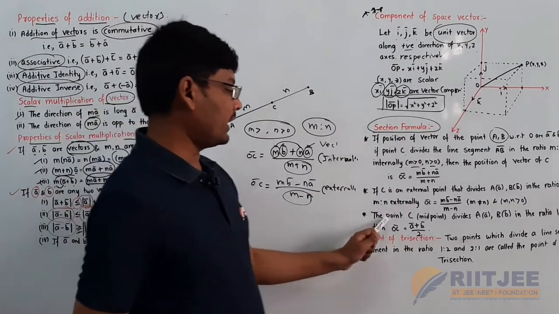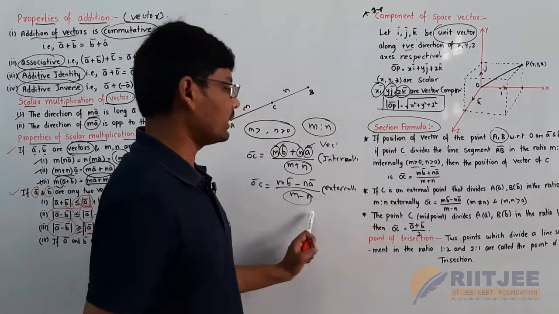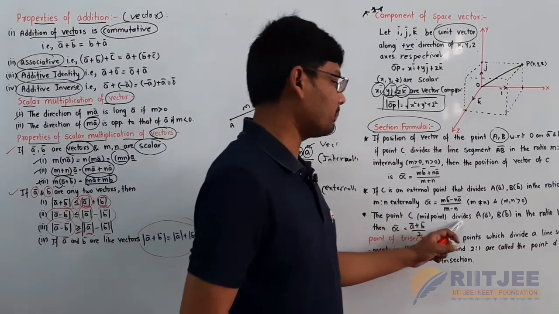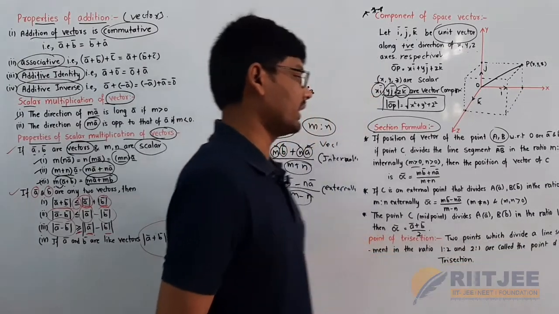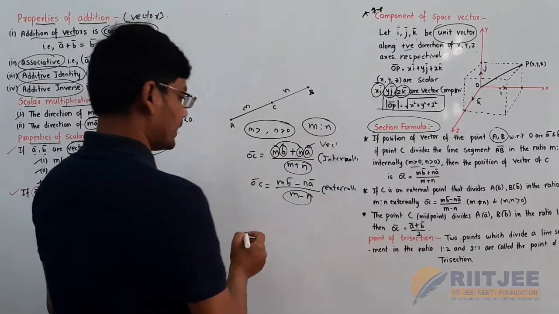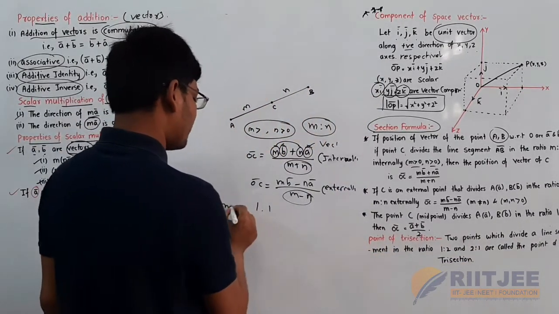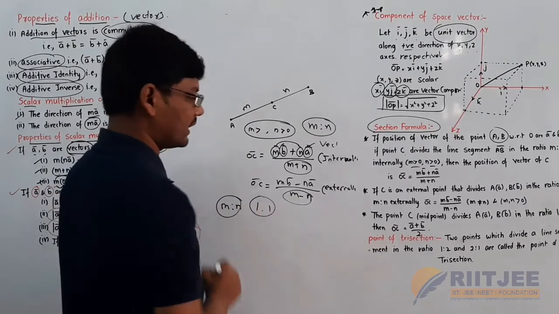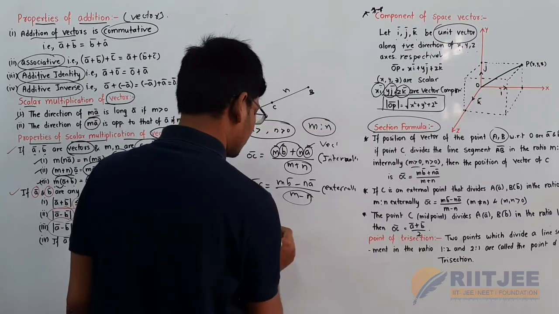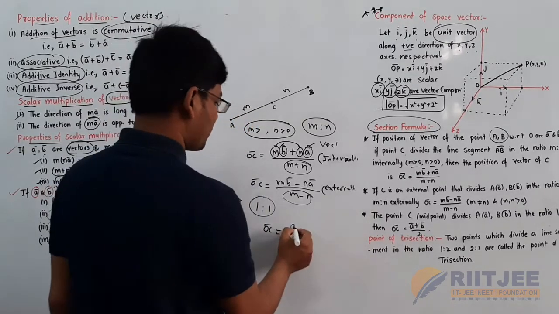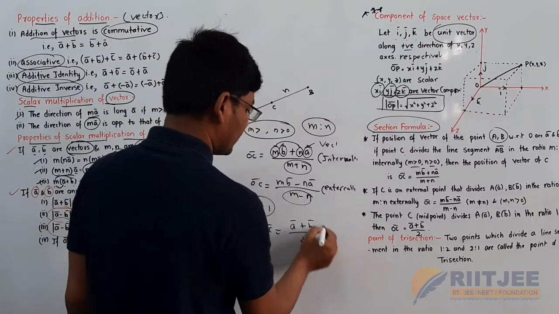Now, if the point C is the midpoint of vector a and vector b, the ratio is 1:1. If the ratio m is to n is 1:1, the line is divided equally, and the midpoint OC bar is a bar plus b bar divided by 2.